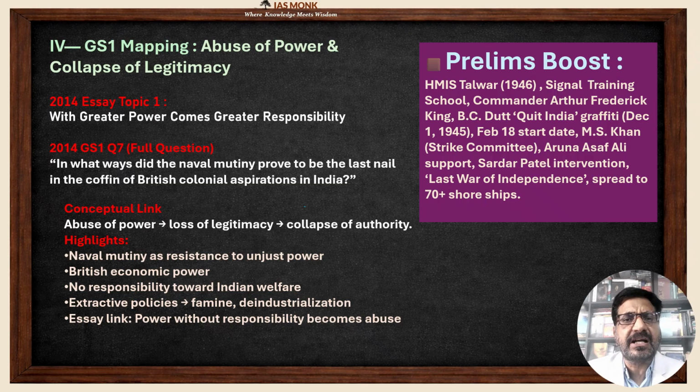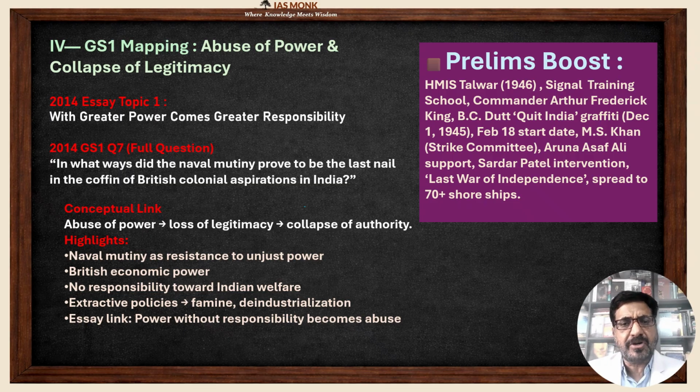where ratings had long suffered racial discrimination. Ratings means what? All enlisted sailors or soldiers. So this HMIS Talwar is actually a ship, a signal training ship during World War One and all that. What is that HMIS?